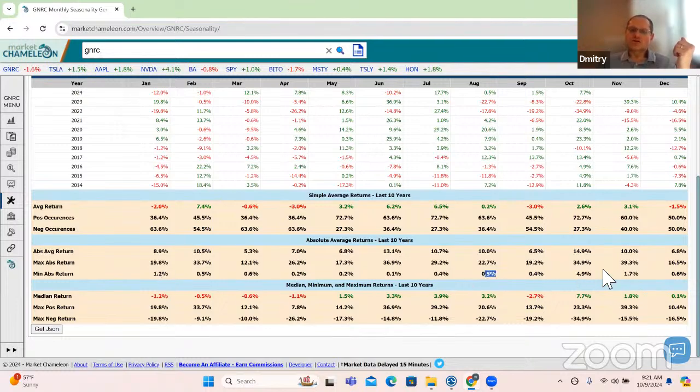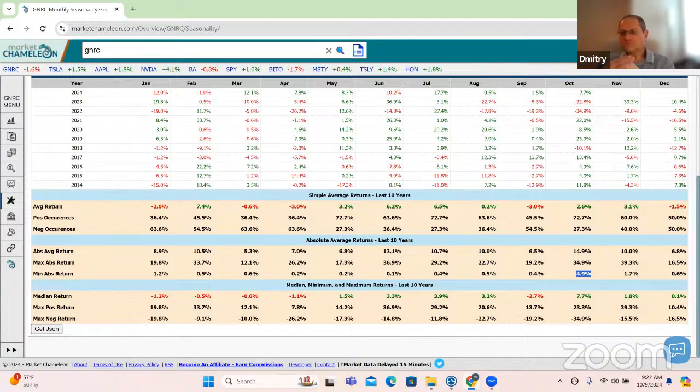So the 4.9% range and the absolute average do indicate that from a historical perspective, the month of October tended to be more volatile. The moves tended to be greater in magnitude than the other calendar months.